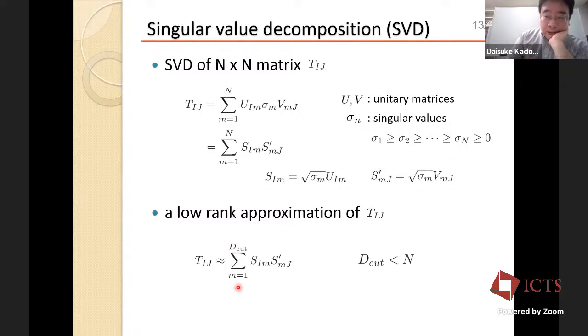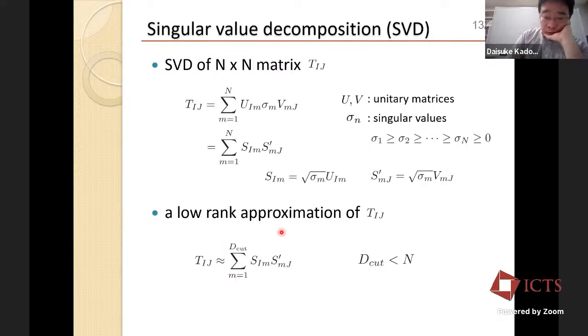N minus D singular values of the right-hand side are 0, so the rank of the right-hand side is D. So this rank D matrix gives the best low rank approximation of T, because small singular values are discarded in this truncation, but the D largest singular values are included in this truncation.